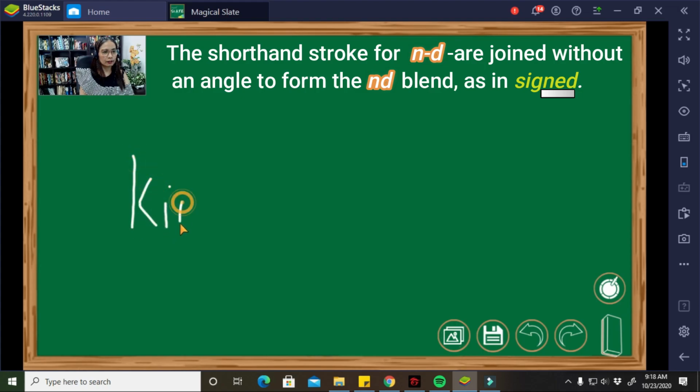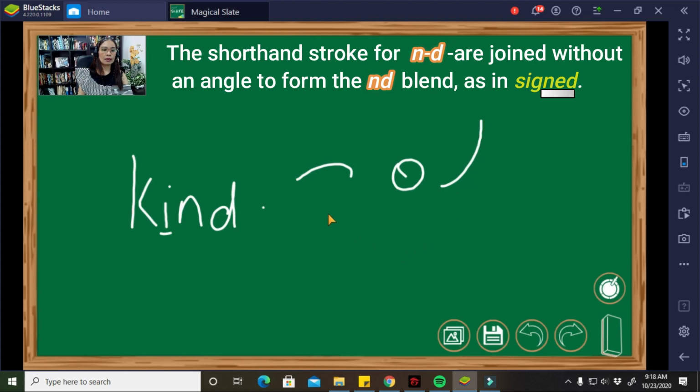Next example, we have the word kind. We have the sounds of K, and an I, which is a broken circle, and the ND blend.